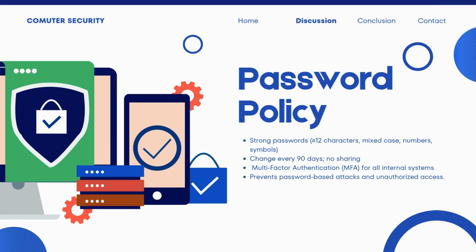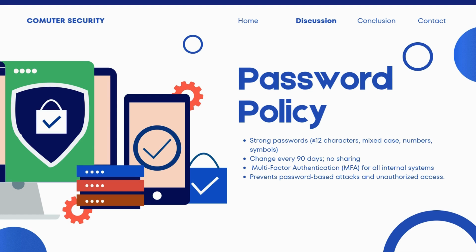This means that even if a hacker managed to get someone's password, they still won't be able to log in without the second layer of verification, such as a code sent to the employee's phone or email. Overall, this policy helps prevent password-based attacks and unauthorized access, keeping both employee and customer data secure.